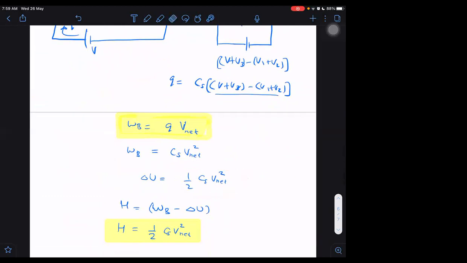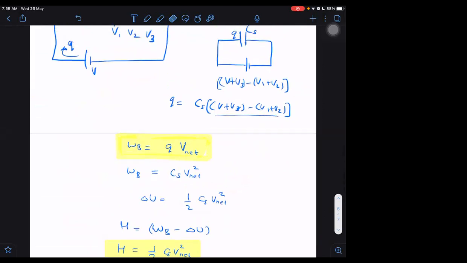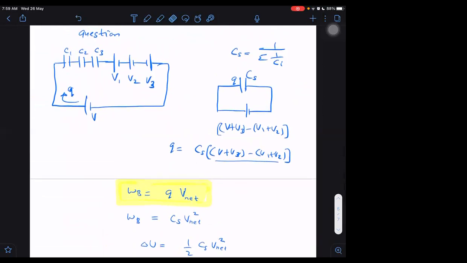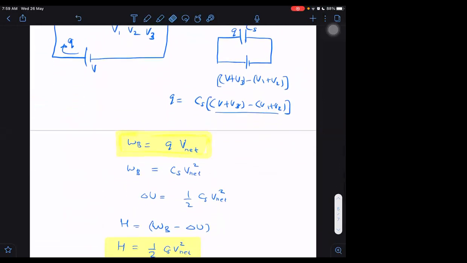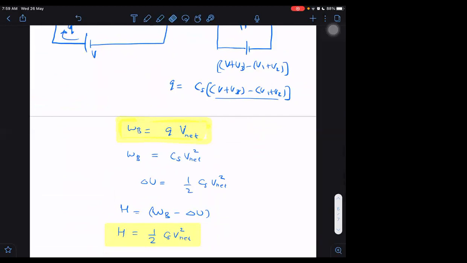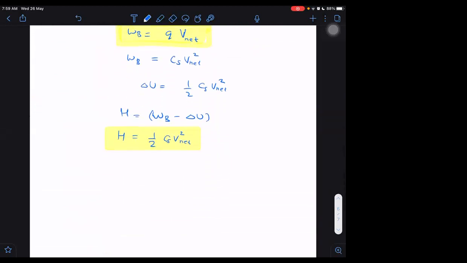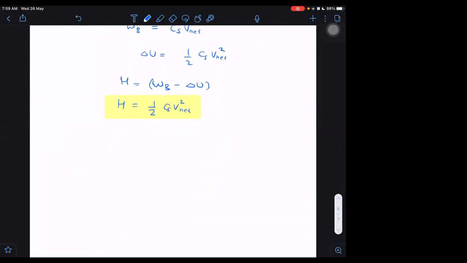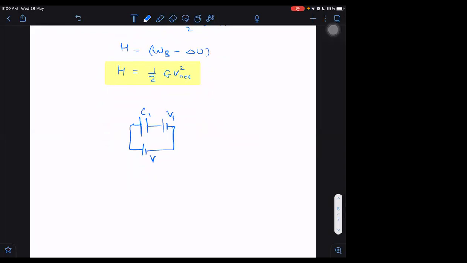Wait a second. I think delta U, the change in potential energy, can be written this way directly: half of C into V net square. I have to verify it. Let me verify this for one case only, when there is just one charged capacitor connected, V1 and it is C1 and this is V. What would I get by this if I want to find out the energy?